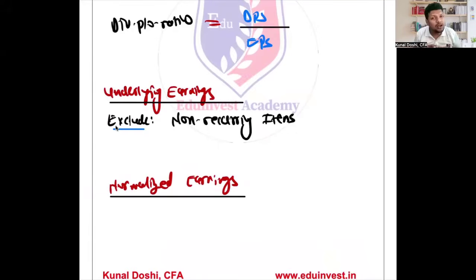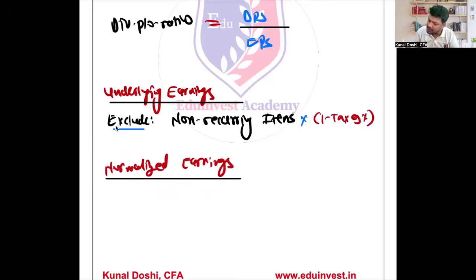Correct? Any non-recurring items, we are going to remove them. But remember these non-recurring items, don't forget to multiply by 1 minus taxes, because expenses or gains, expenses or incomes need to be adjusted for taxes. That is going to be your underlying earnings. Everyone with me? Check.